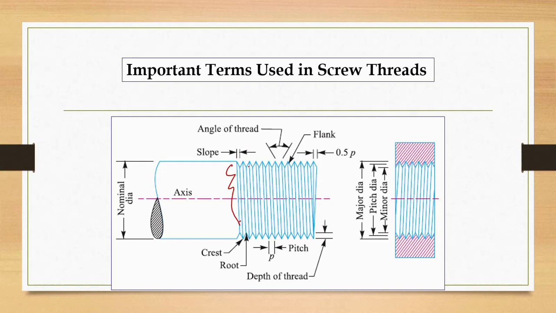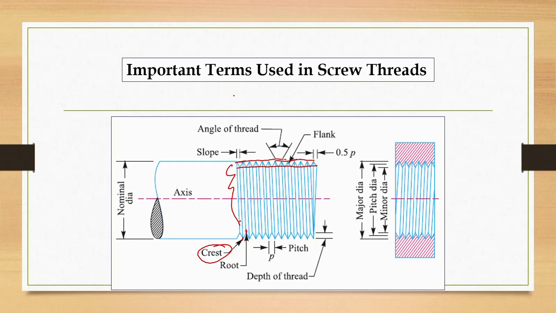Threads have the topmost portions and the bottommost portions. The topmost portion is generally called the crest, which means the outer surface, like these are the crest points, and the roots are generally the lower points. So these are the roots. Clear? So the corner point is called the root, the upper point is called the crest.